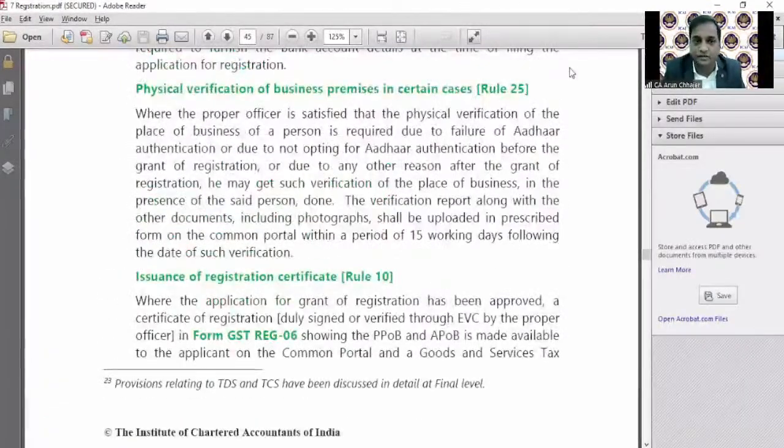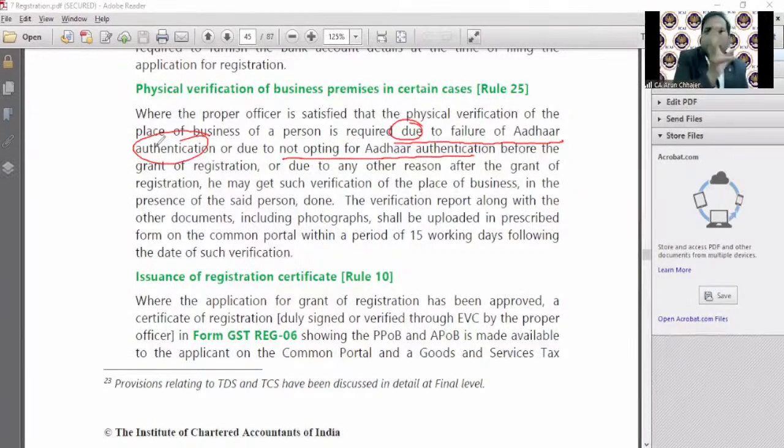Physical verification: when will it be carried out? If Aadhaar has not been authenticated or the person has not opted for Aadhaar. Either he has selected Aadhaar authentication but failed to do the authentication. When I tick Aadhaar authentication in Part B, an automatic mail would come from Aadhaar, on both mobile number and email ID. I will get the link and select it, an OTP would be generated and I will verify. This is the Aadhaar authentication process.